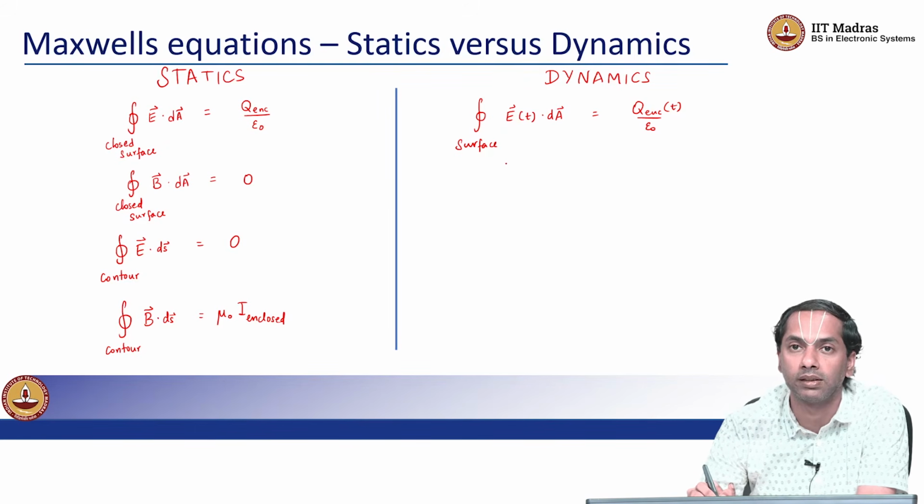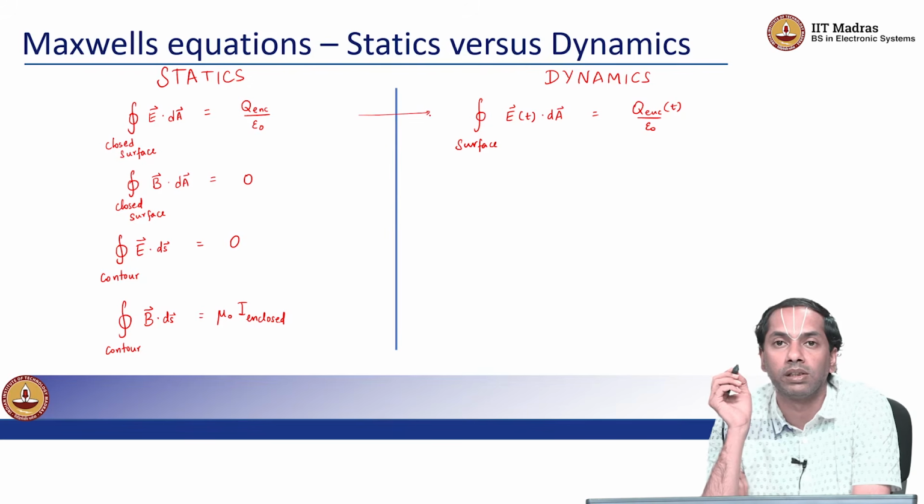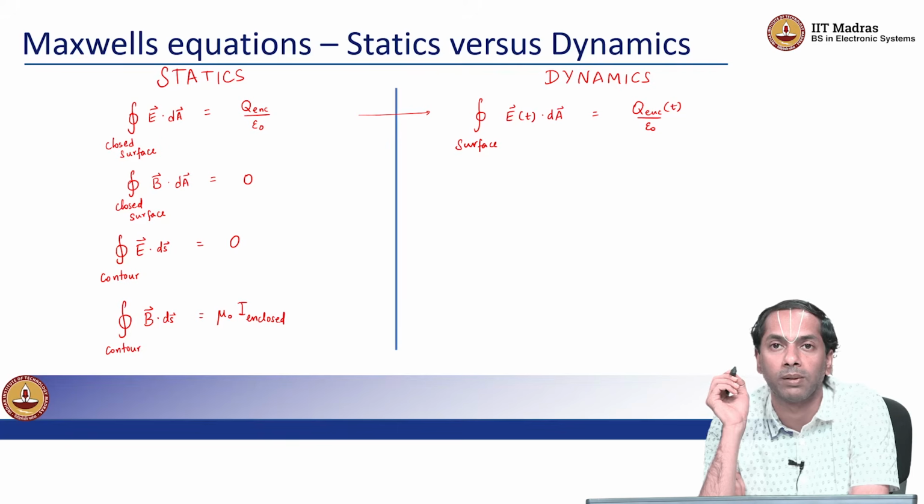What do I mean by that? It's the equation as seen in the static form. The form of the equation doesn't seem to have changed just because the charges and the fields are now time varying.